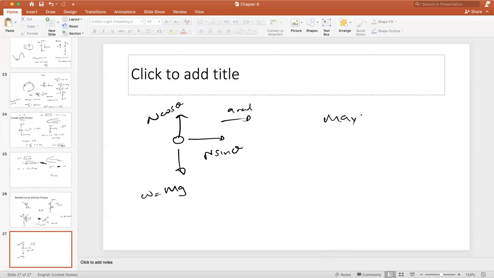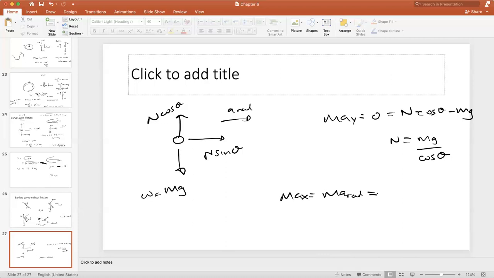So in the y direction, I have 0 is n cos theta minus mg. Therefore, n is mg over cos theta. In the x direction, assuming to the right is positive x, I have m a rad equal to n sine theta.